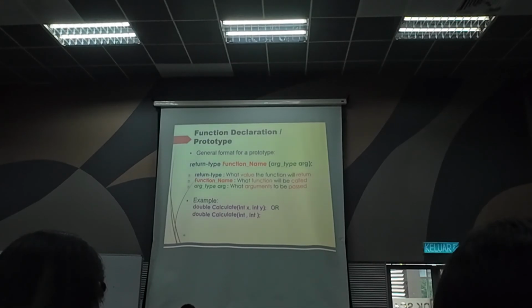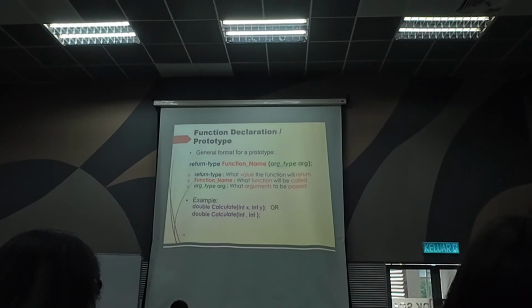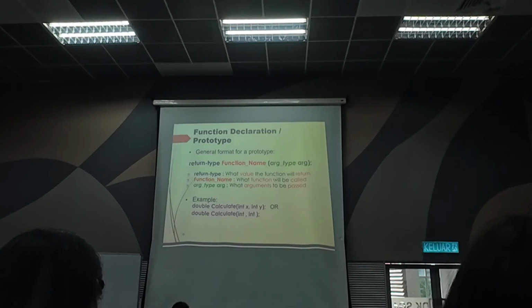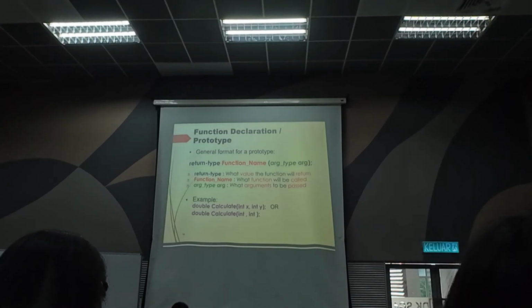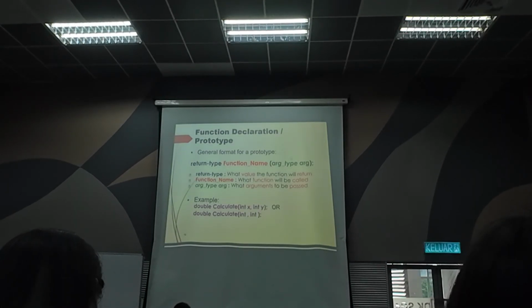Next is your argument type, and your argument. Argument means your value. Argument type means your data type. The return type is what value the function will return, the function name is what the function will be called, and the argument type is the data type of the value.